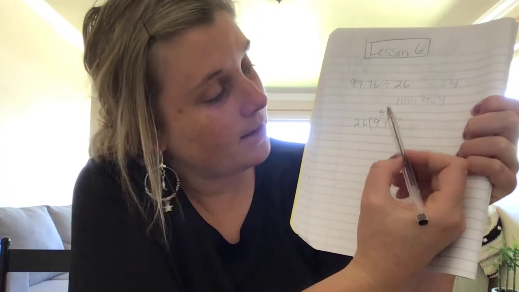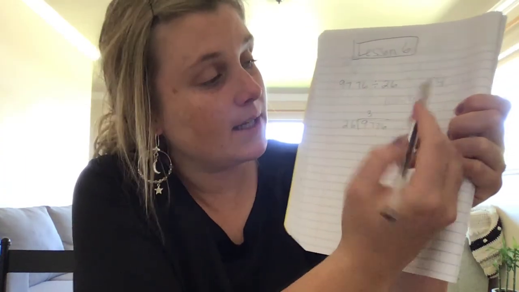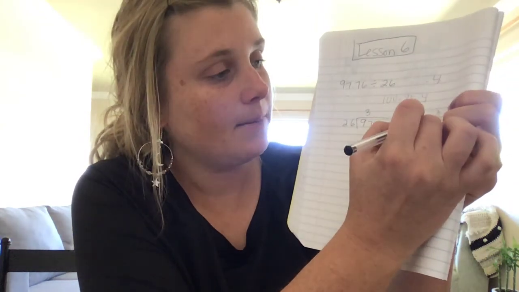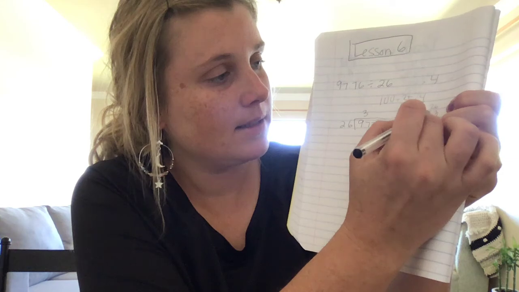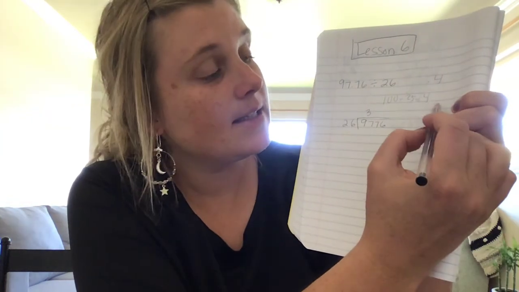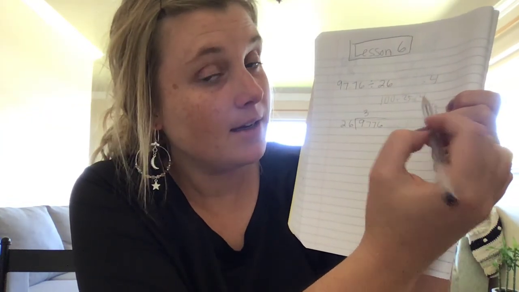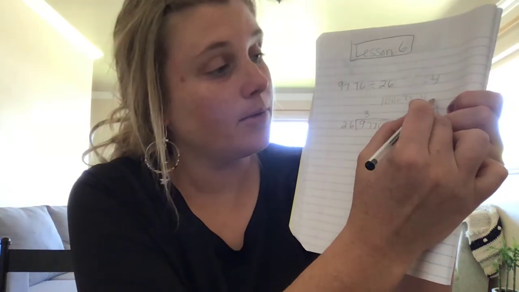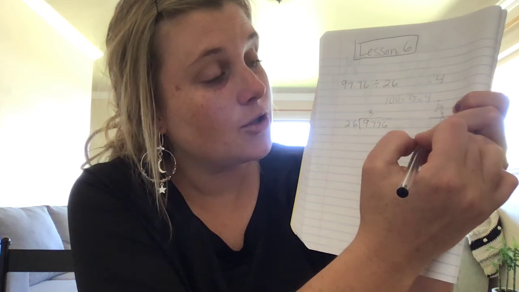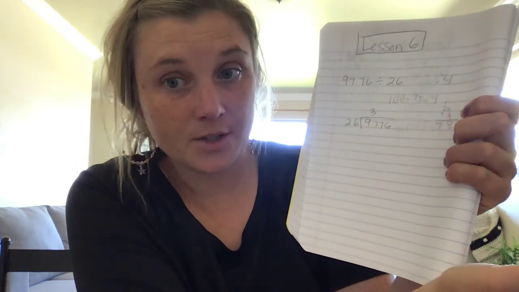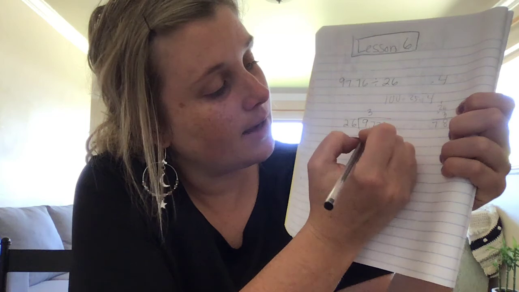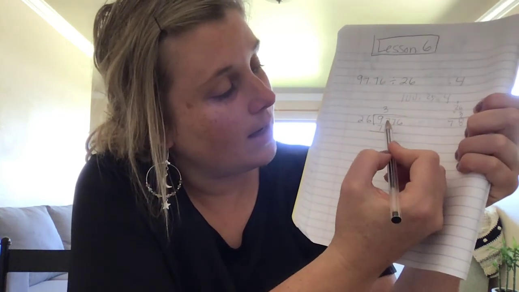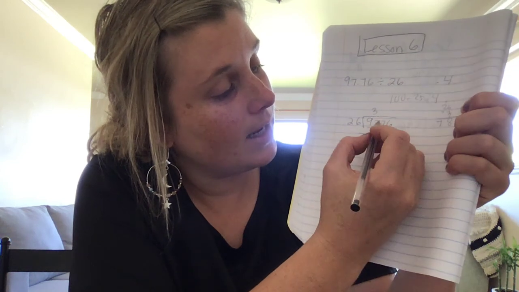Now we multiply 3 times 26. 6 times 3 is 18. Bring the group of ones up here. 3 times 2 is 6, 7. So 78. So now I can subtract. 7 take away 8 I can't do.